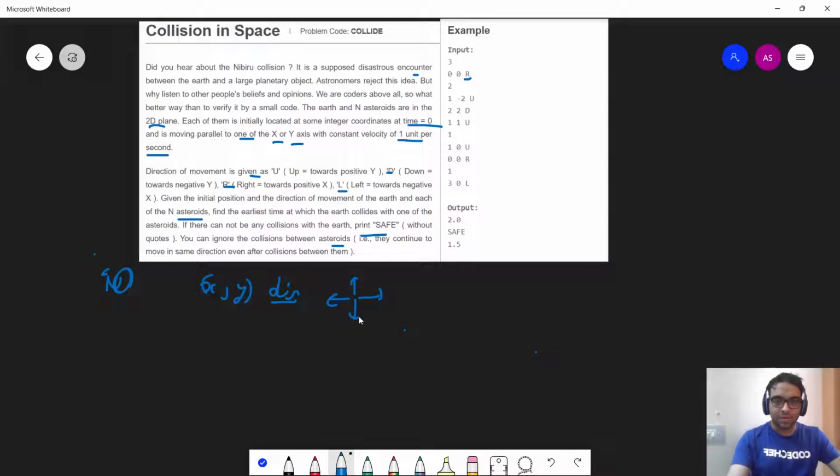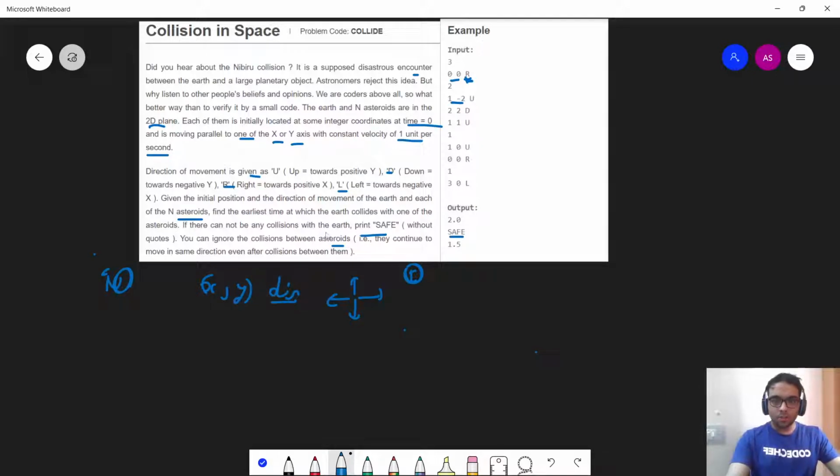If it was down, then negative y-axis. Each of the Earth or asteroids is moving only in one direction, at a speed of 1 unit per second. So the problem is saying that you have to find the minimum time of collision between Earth and an asteroid. And if there is no collision, you have to print safe.